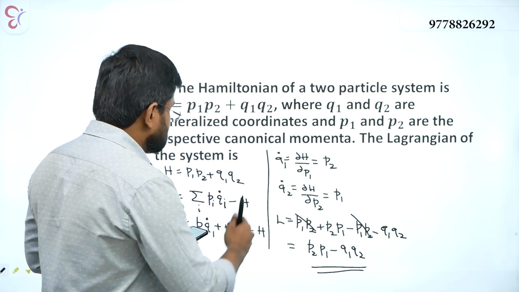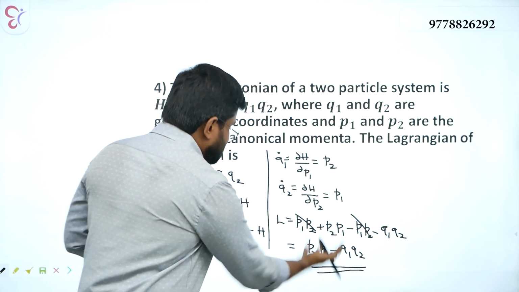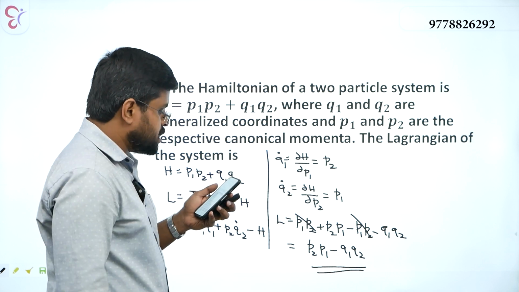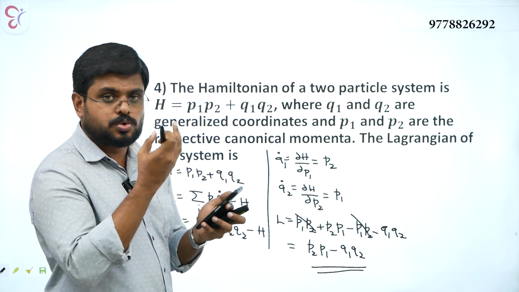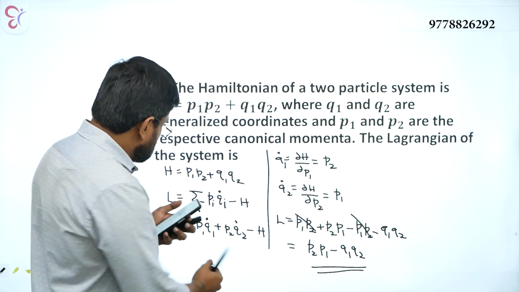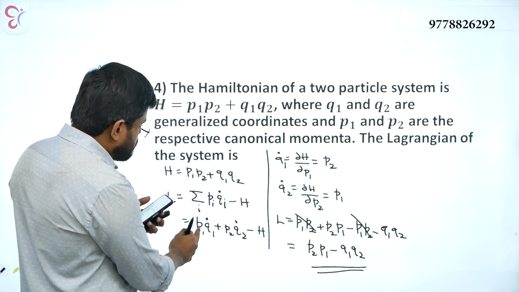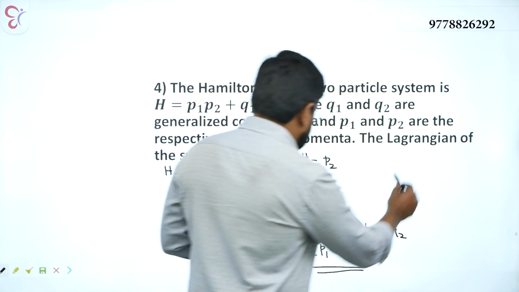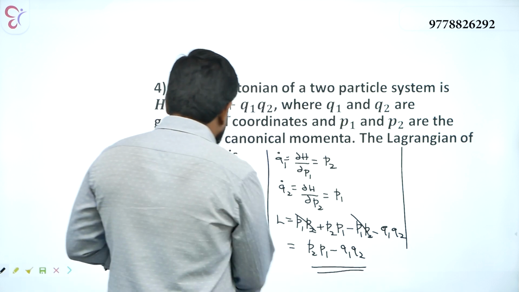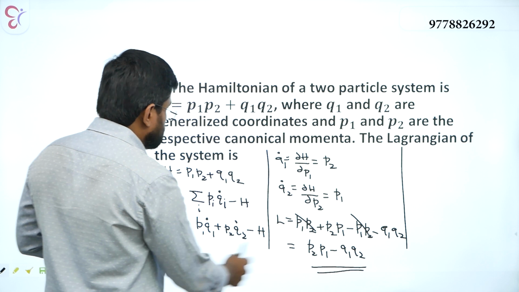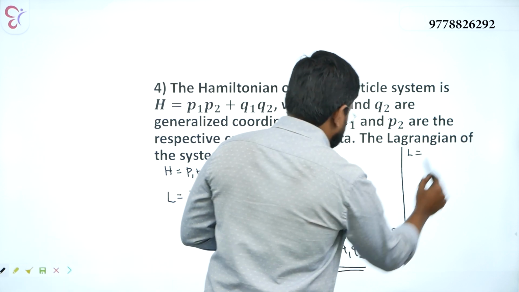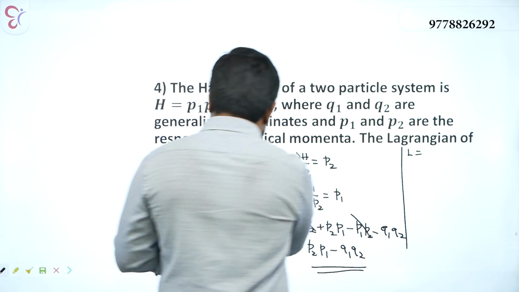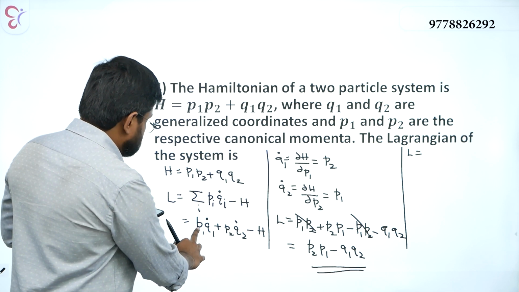So you have got this, but the options are not in this manner. The options are given in Q1 dot, Q2 dot. So you have understood that you have to replace P1 and P2 there. So if you replace P1 and P2, the Lagrangian L is equal to... this is one of the correct answers. What is P1?